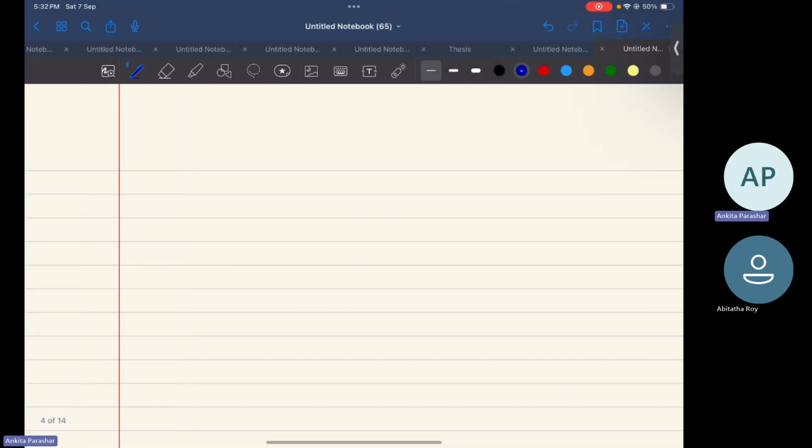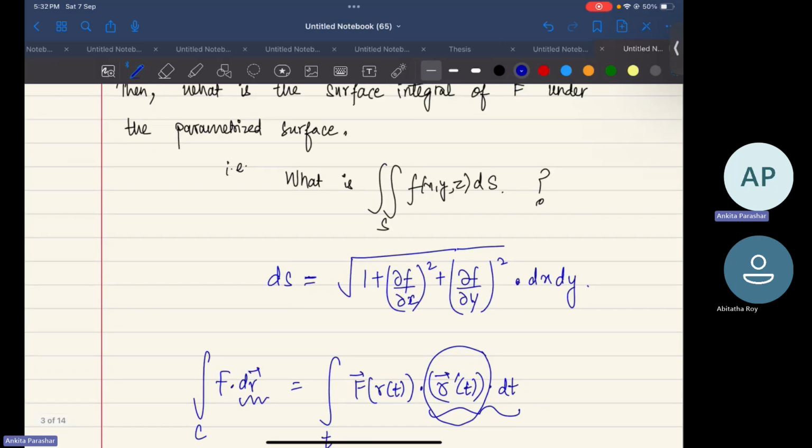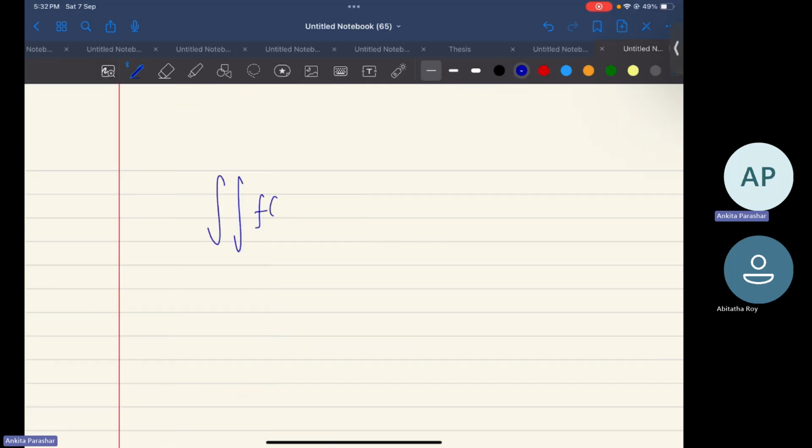So then your integral, since the question was to change this integral, would change from the integral of F(x, y, z) dS over the surface S to the integral of F of r(u, v) times the norm of r_u cross r_v du dv.